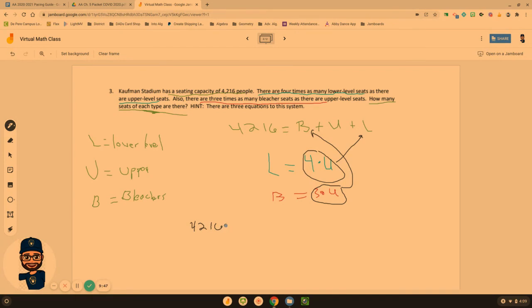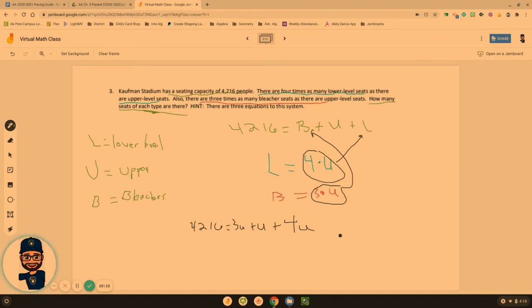Which means 4,216 equals, it said B originally, but we're going to say that that's 3U plus another U plus the L, which we now are substituting with 4U. So we've taken that original equation that we had up there on top and using substitution got it down to one variable, which is what we want.